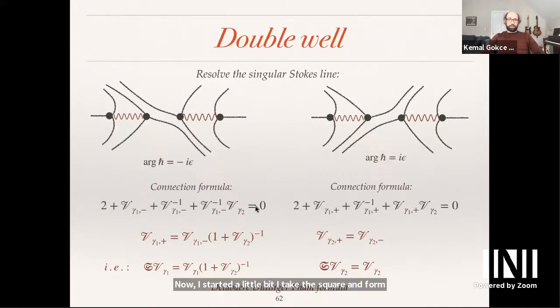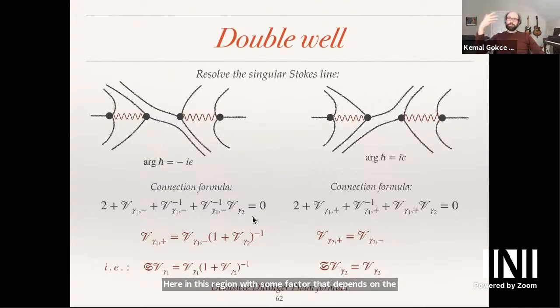I can put it in this form, and now, just comparing these two formulas, you can see that the Voros symbols on the left-hand side and right-hand side are related in this way. The Voros symbol here is equal to the Voros symbol in this region with some factor that depends only on the second Voros symbol, and the second Voros symbol doesn't change.